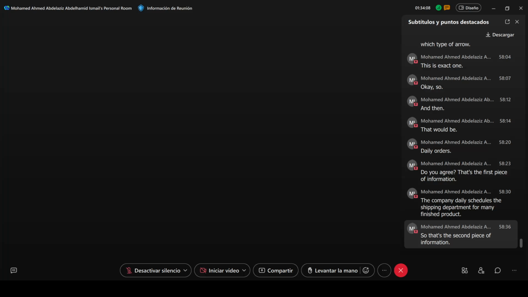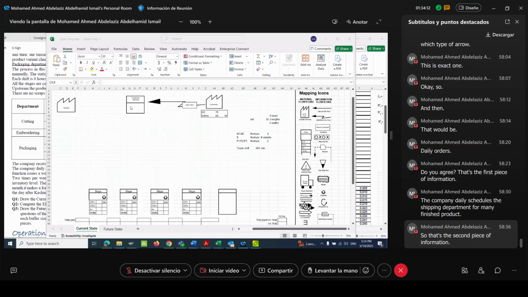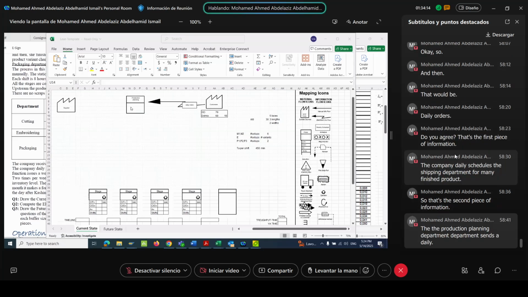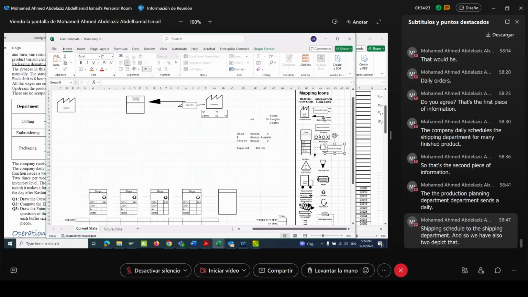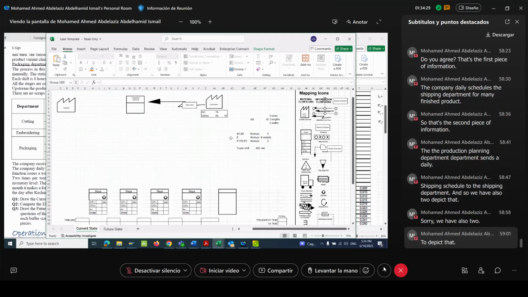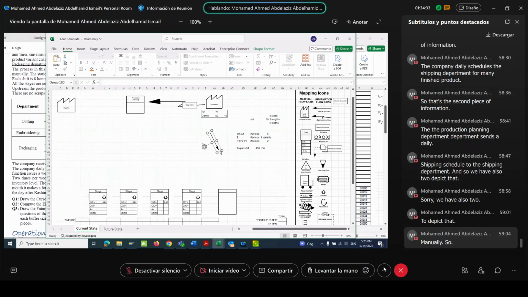The production planning department sends a daily shipping schedule to the shipping department. And so we also have to depict that manually. So, okay.